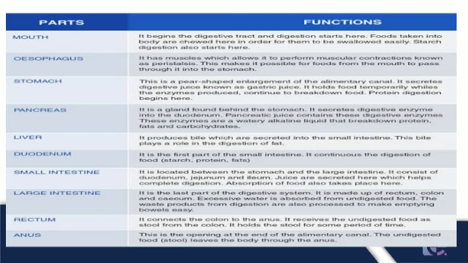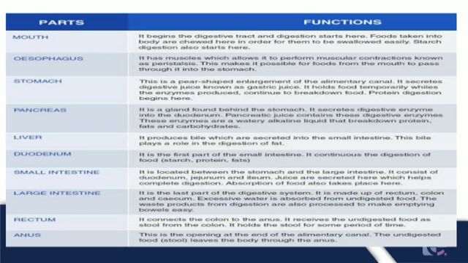The next part is the liver. It produces bile, which is secreted into the small intestine. Bile plays a role in the digestion of fat. The next part is the duodenum. The duodenum is the first part of the small intestine, and here the digestion of starch, protein and fats takes place.